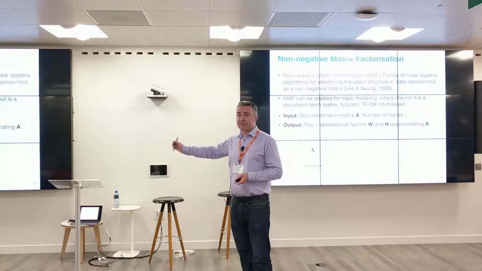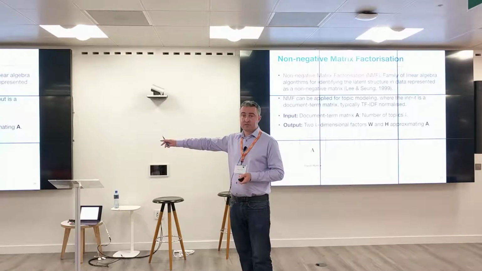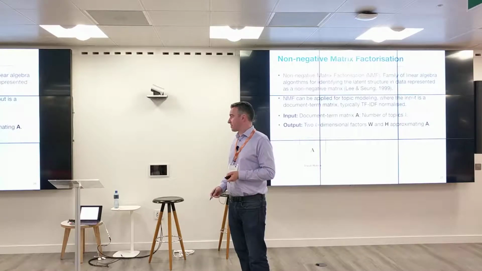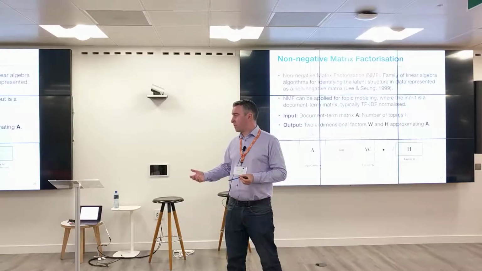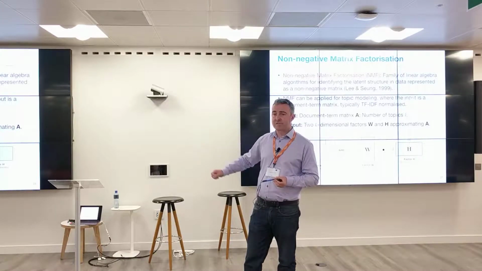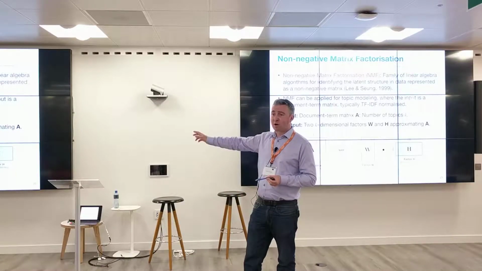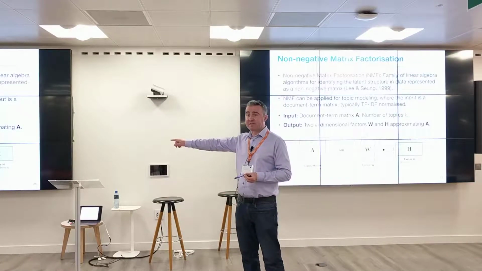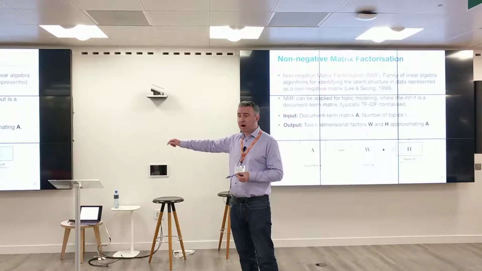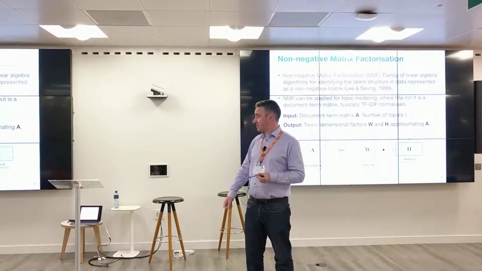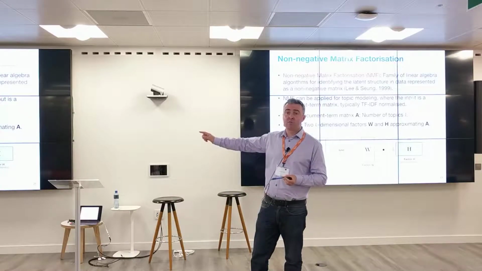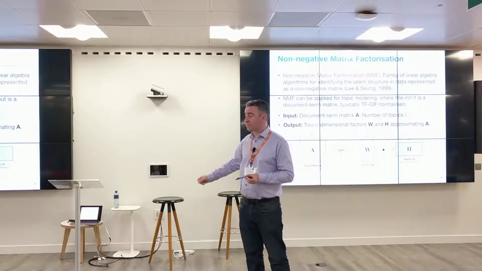So we start with our matrix A, which has N documents and M terms. NMF basically decomposes that into two much smaller matrices, which we call factors. W has N rows and K columns, where N is the number of documents and K is the number of topics, and then H has K rows and M columns, where M is the number of terms.